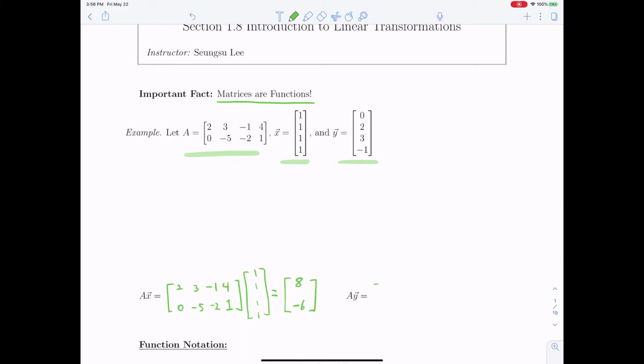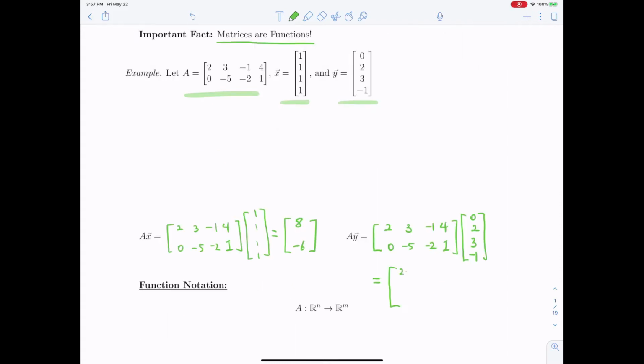At the same time, if you multiply y by the matrix A, then the first row is 2 times 0 plus 3 times 2 plus -1 times 3 plus 4 times -1.